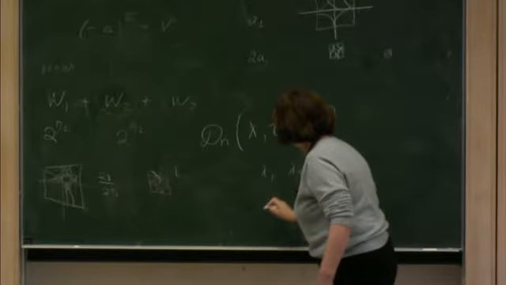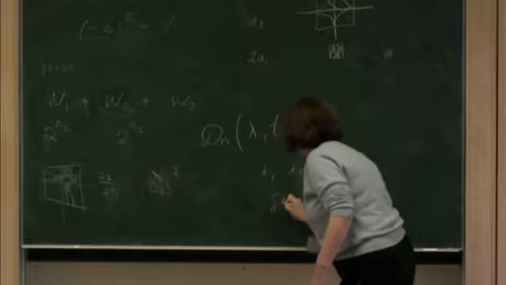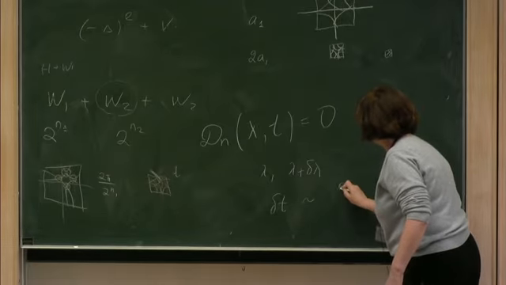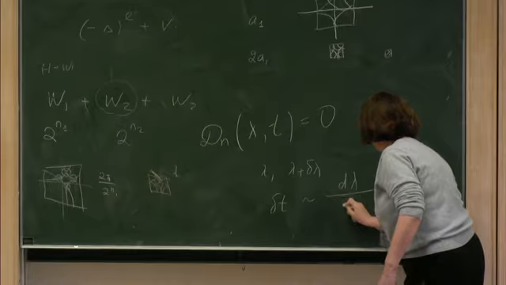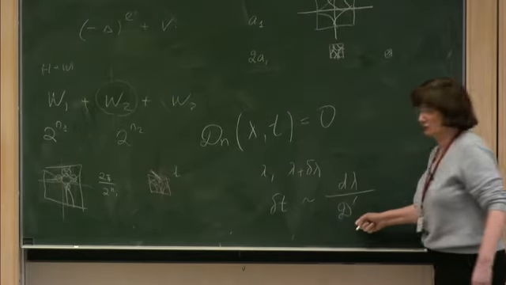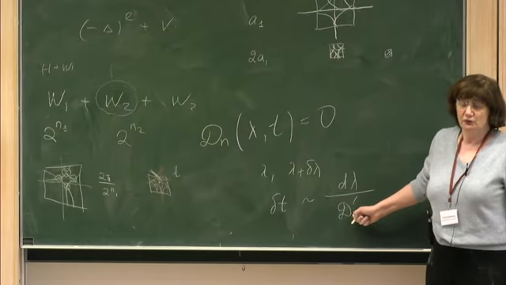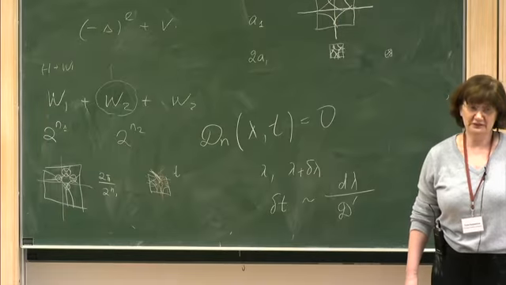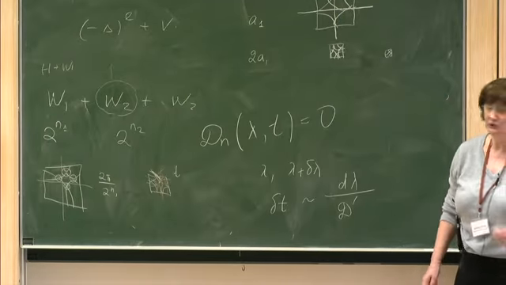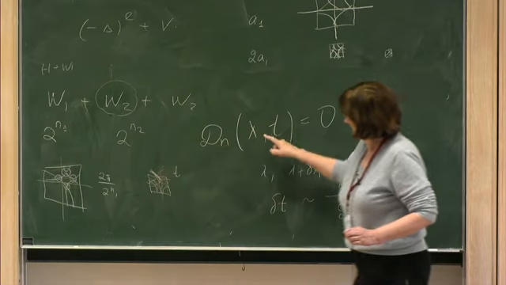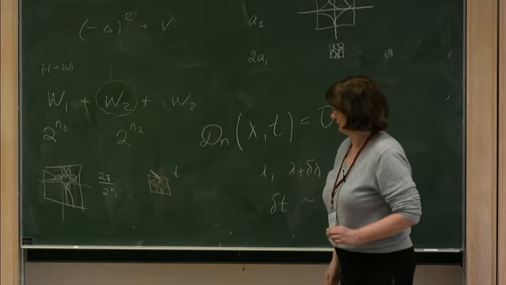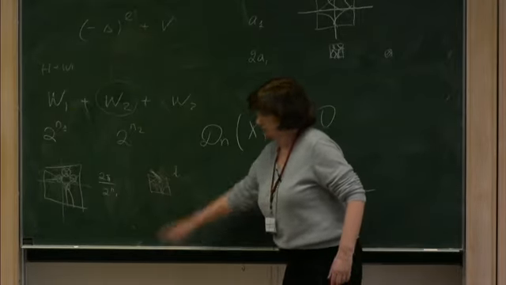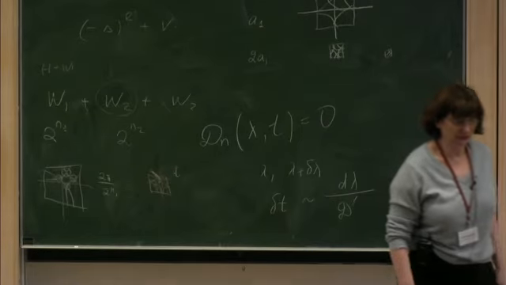This is T. It will be something like dt. The size of the region will be something like d lambda divided by D prime. But the problem is that not only is D prime 0, there are 1 million other derivatives which cannot be 0. So even if you want to delete a very small region in terms of lambda, you really cannot estimate the size of the region in terms of t.